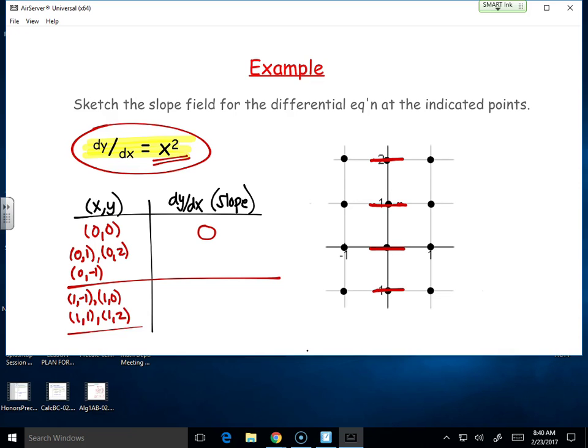What are the slopes of all those? 1. Yep. Plug in x is 1, 1 squared is 1. How do I do a little baby tangent with a slope of 1? Well, I think about my point. Let's start up here because it's easiest. If I were to go down 1 and over 1, wouldn't the slope be something like this? But I don't want something that long. I want a little baby tangent.